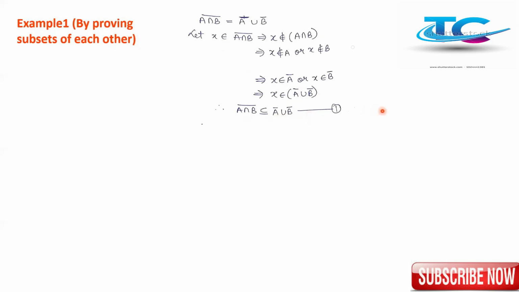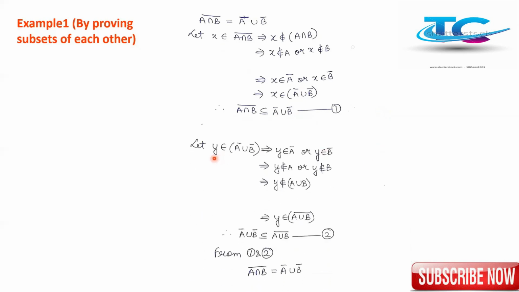Similarly, we can prove for the other side also: we start with the right hand side and prove that the particular element belongs to the left hand side also. Let us consider some other element y, which belongs to A bar union B bar. Then it can be written as y belongs to A bar or y belongs to B bar, right?